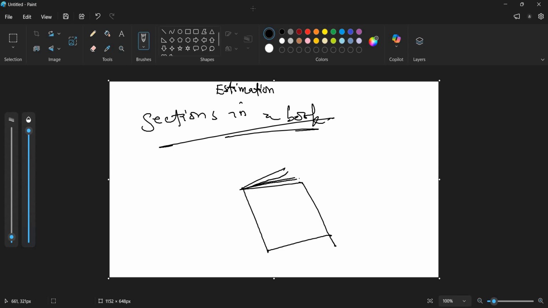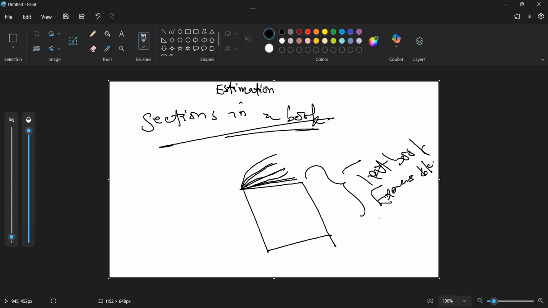Do you get it? So these sheets, when they come together, give me my textbook, exercise book, any book, that brochure. When these pages, leaves come together, they give me that.